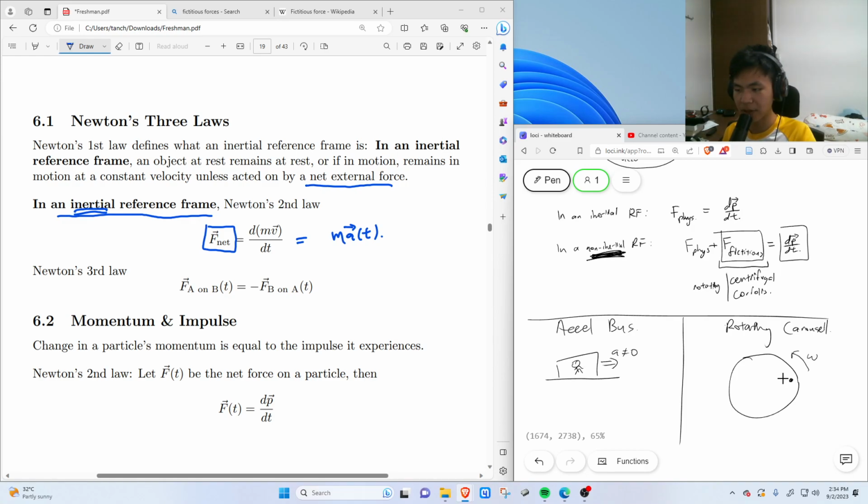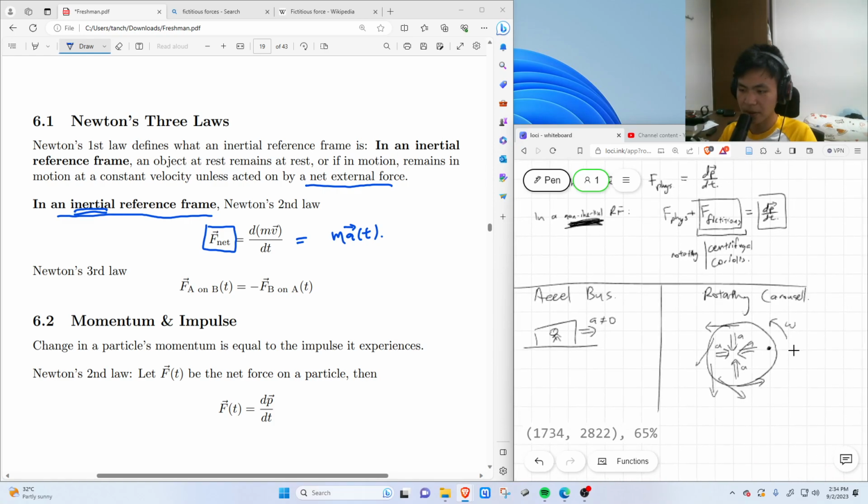When you're in a rotating reference frame, even though your speed doesn't change, your velocity changes direction. The thing that changes your velocity is the centripetal acceleration. Your centripetal acceleration is always pointing towards the center, and it's always changing your velocity such that you go round and round and round.